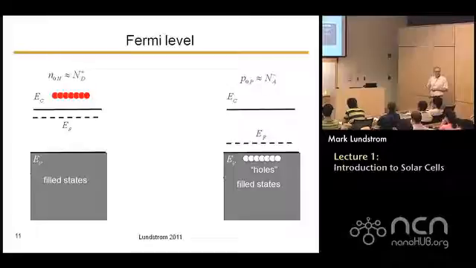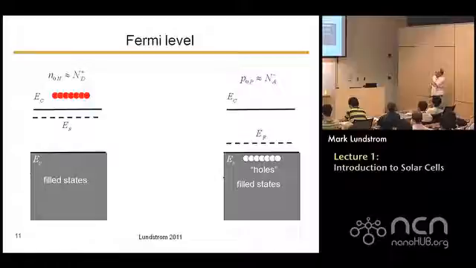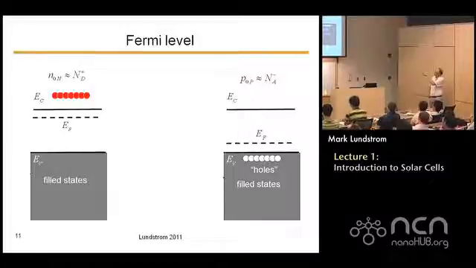All the states below the Fermi energy are filled, all the states above the Fermi energy are empty. But if there's some thermal energy, then there's a small probability of the states above the Fermi level being occupied, so that gives us electrons in the conduction band. There's a small probability of states below the Fermi level being unoccupied, but the valence band is way down below it, so there's virtually none.